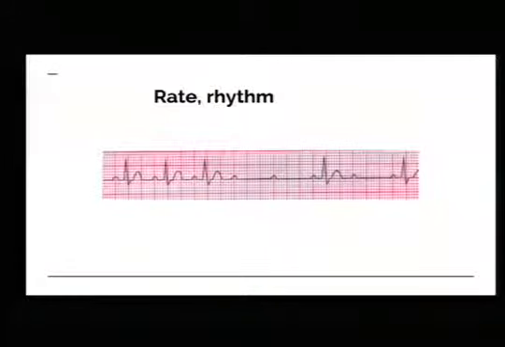What about this one? Anybody? Yep. And why is that? Yep, your PR. PR is the same in every one, and it just drops. QRS is here, here, and here.